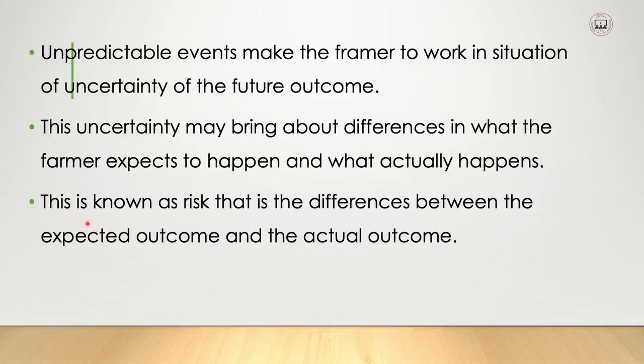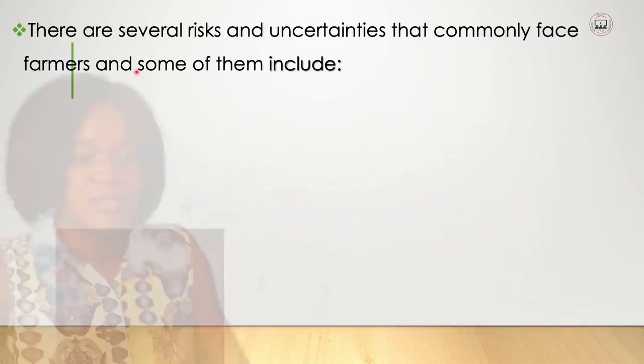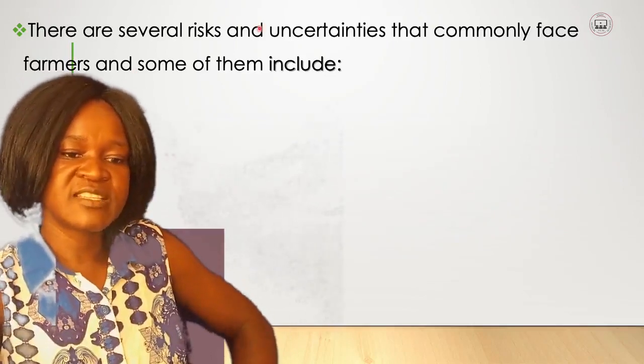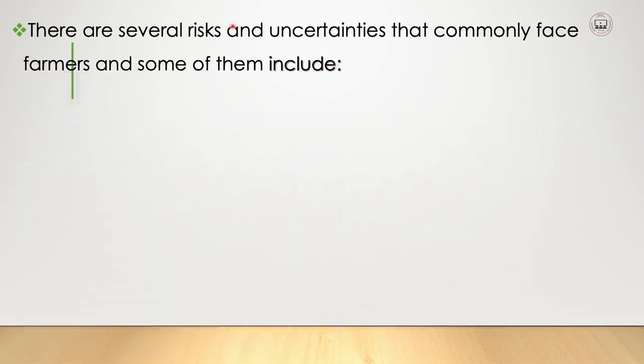So, in short, this is known as risk. That's the difference between the expected outcome and the actual outcome. Those are the risks and uncertainties that commonly face the farmer. They may include the following: change in price of commodity.